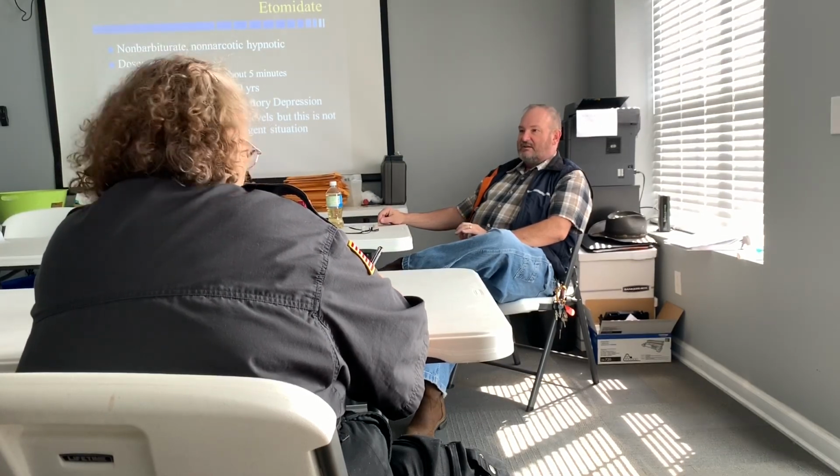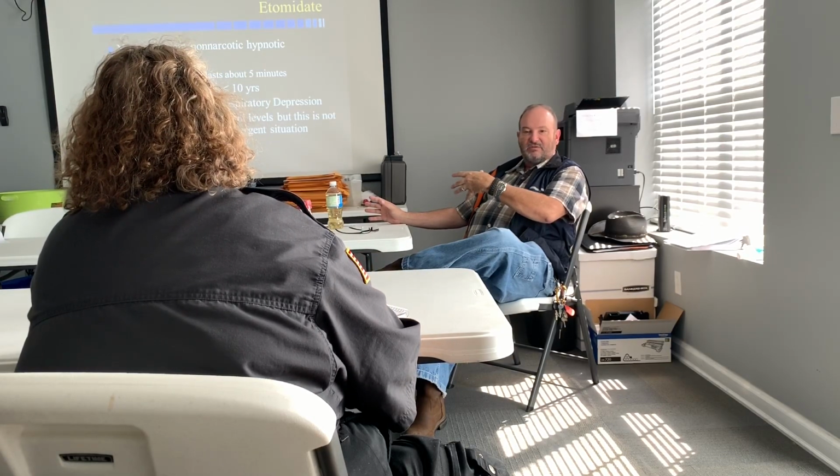Now, it's funny to say, but if you slam etomidate on somebody, if you rapid push etomidate, it may cause a transient respiratory arrest, but it will not cause respiratory depression. What? If you slam it on them, it may stop their ventilation for 10 to 15 seconds, right? Then they'll kick back in and start breathing on their own.